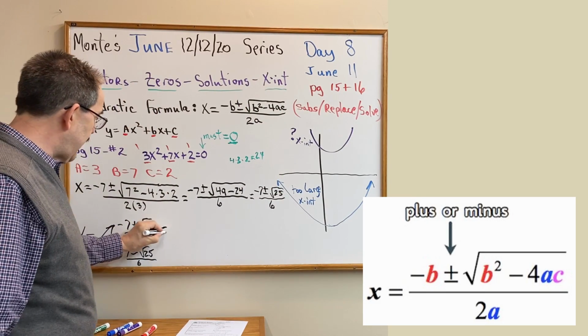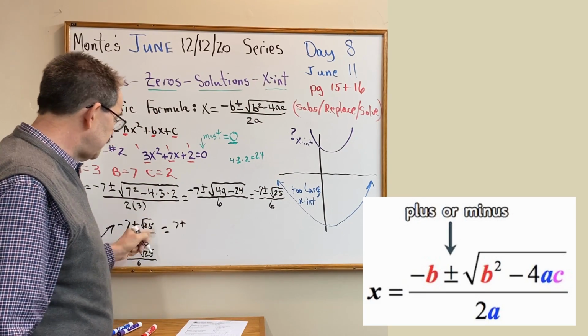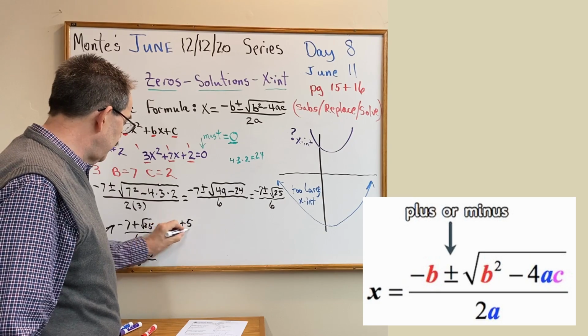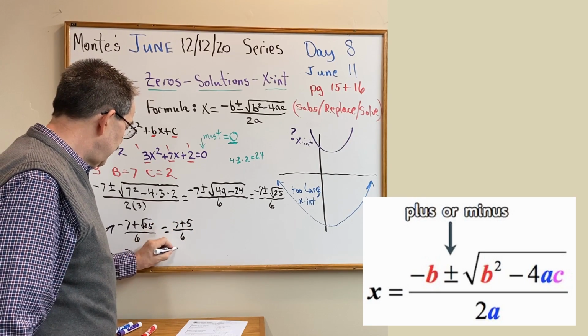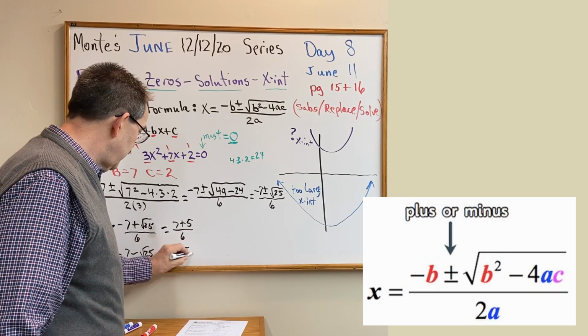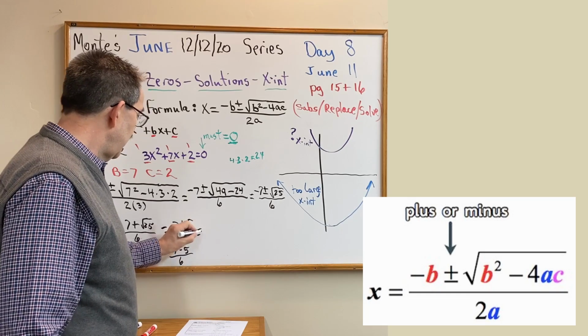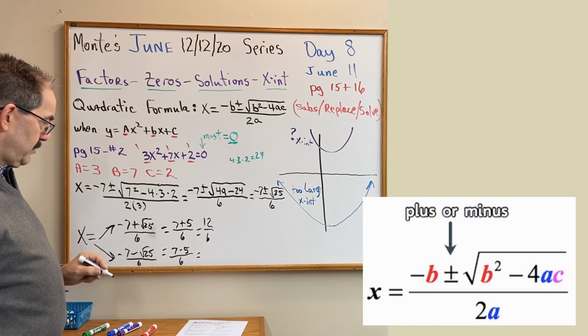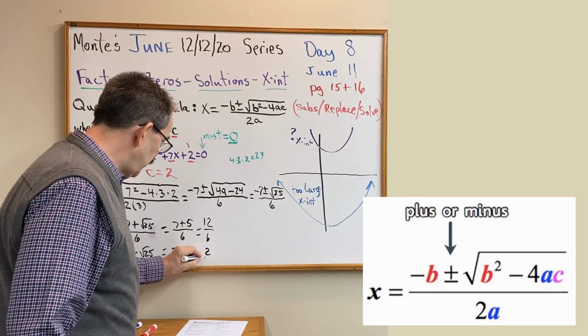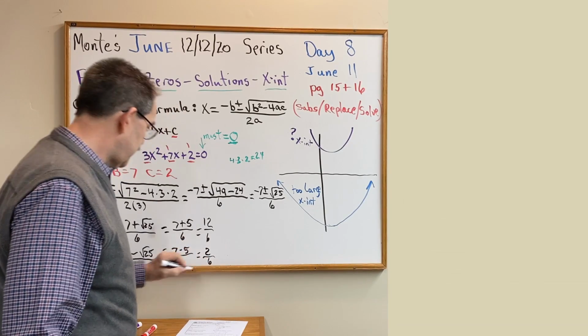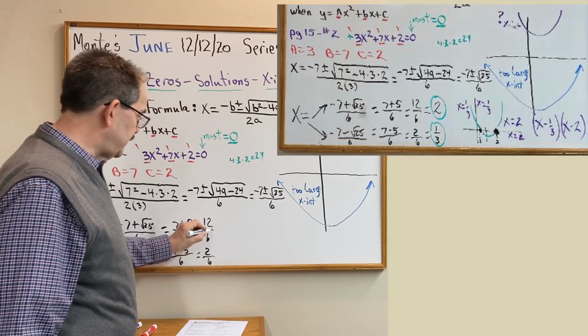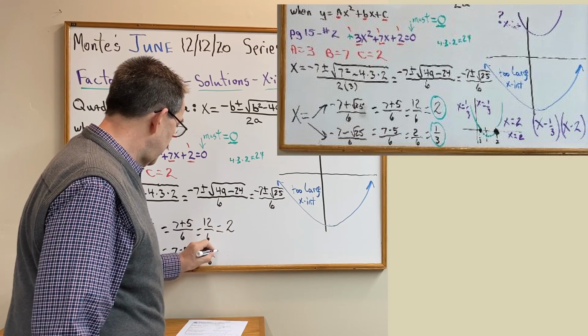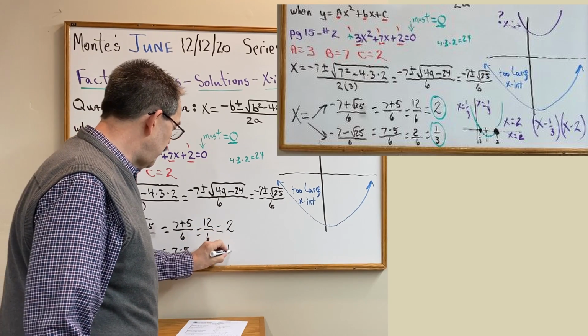Okay, let's just do the math. -7 plus the square root of 25 is -7 plus 5 over 6. -7 minus 5 over 6. 12 over 6. 2 over 6. Well, 12 divided by 6 is 2. 2 over 6 is 1 over 3.